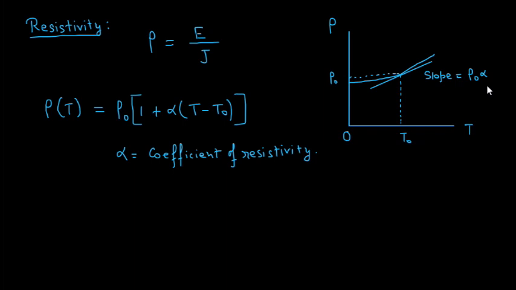And here for metal, rho increases with increasing T. Rho increases with increasing T. This is the main fact we have to remember for metals.